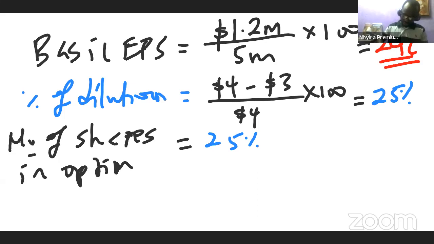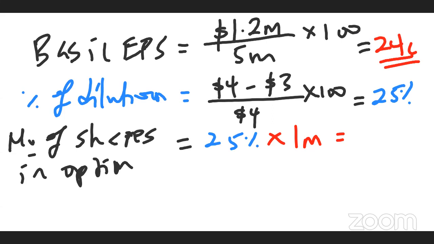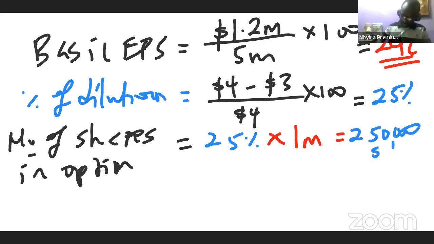So 25% by 1 million, and that is going to give us 250,000. Yeah, so 250,000 shares. Once we have that, we now calculate our weighted average number of equity shares. That's step 3.